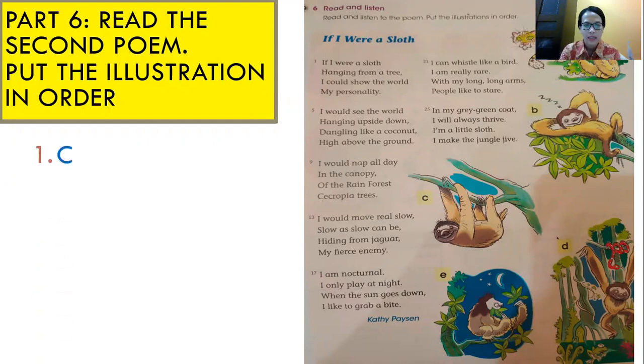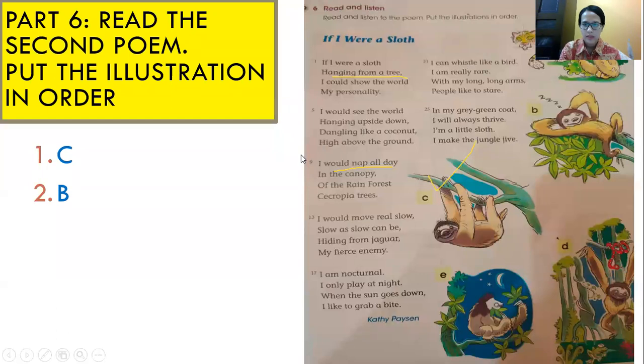So the first one should be picture C, because hanging from a tree, right? Hanging from a tree, so it must be C. And then picture B, number 2, because I would nap all day in the canopy of the rainforest.